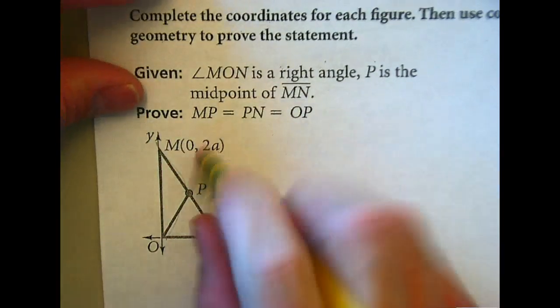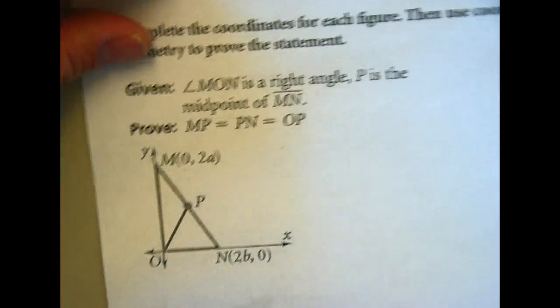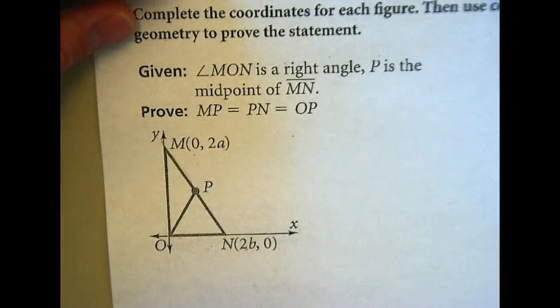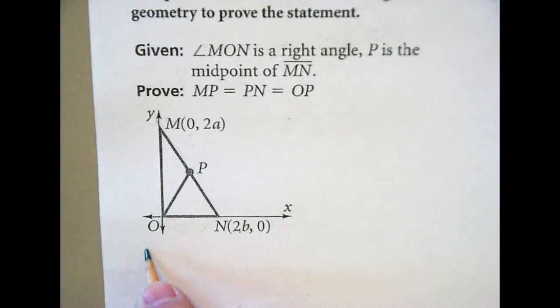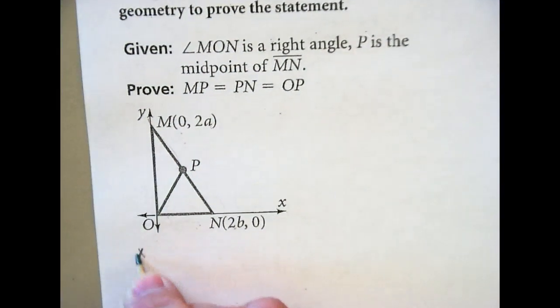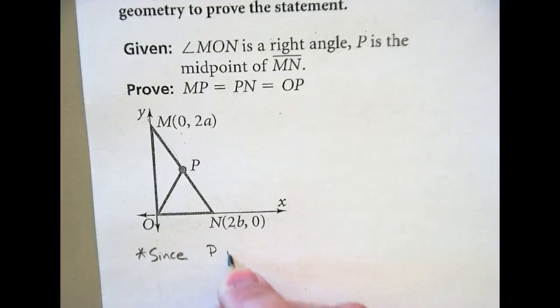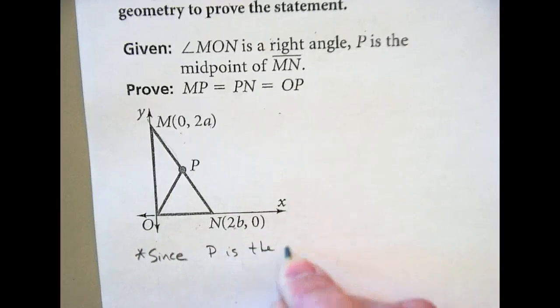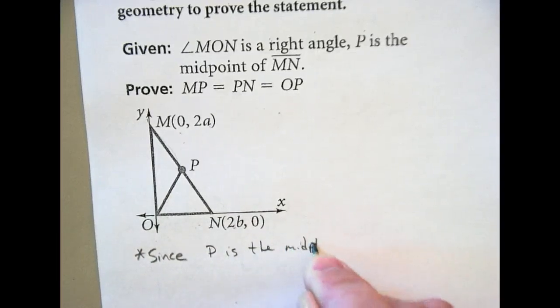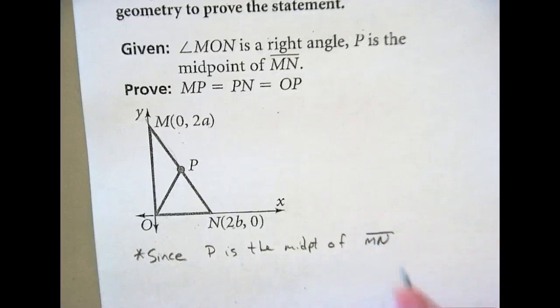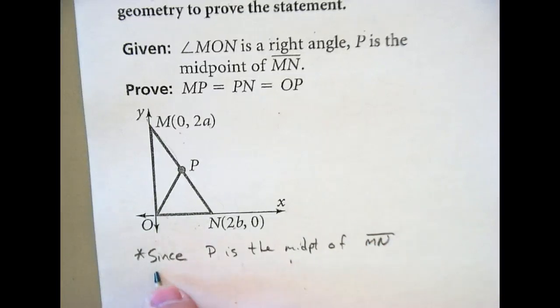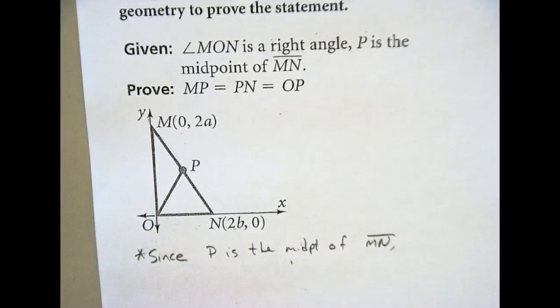Lee? Actually, you only have to find the distance of MP or PN because since P is the midpoint of MN, then the MP and PN are always equal. Oh, okay. Very good. So since P is the midpoint of MN, then what's congruent already?